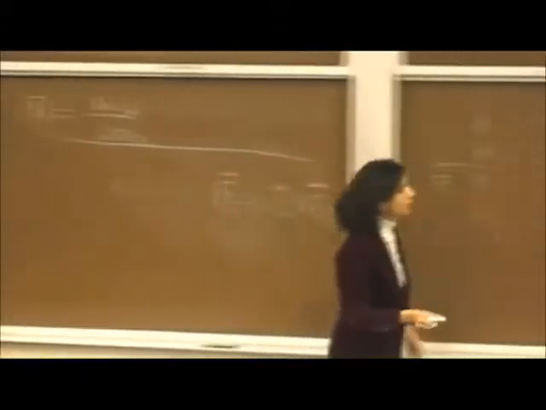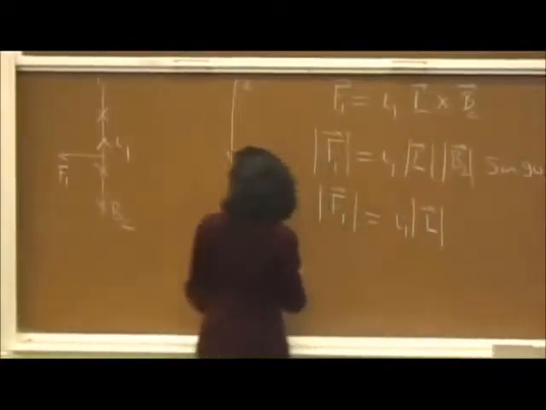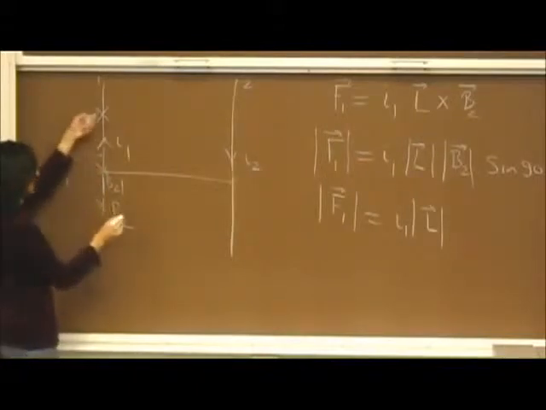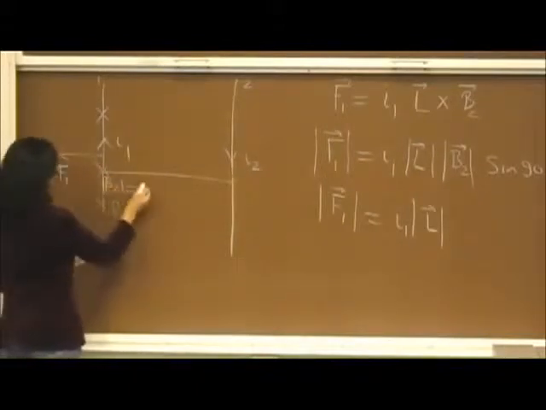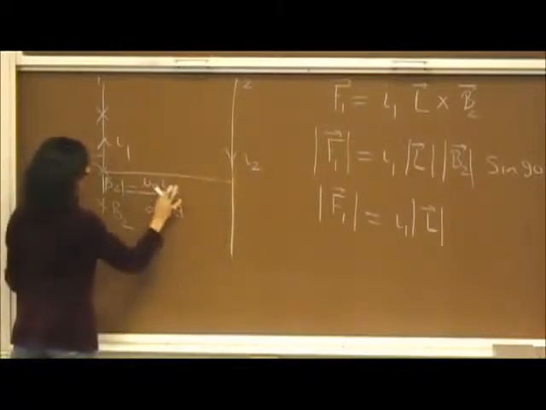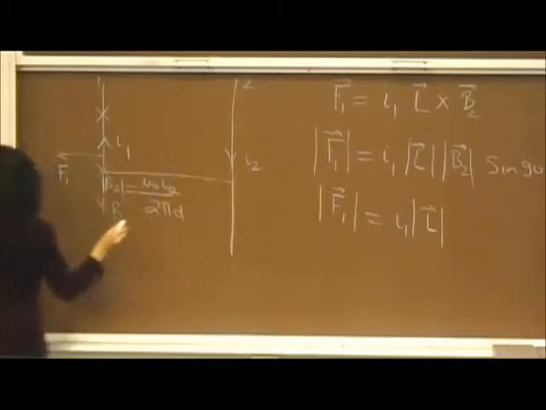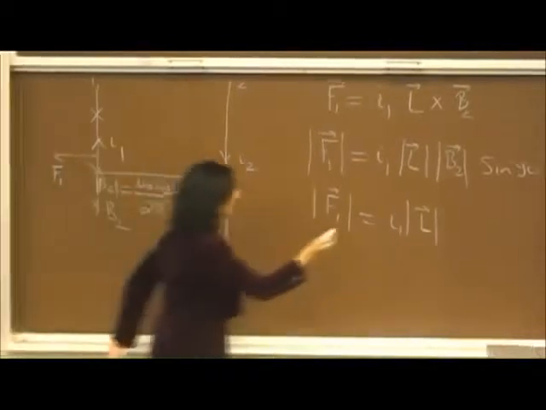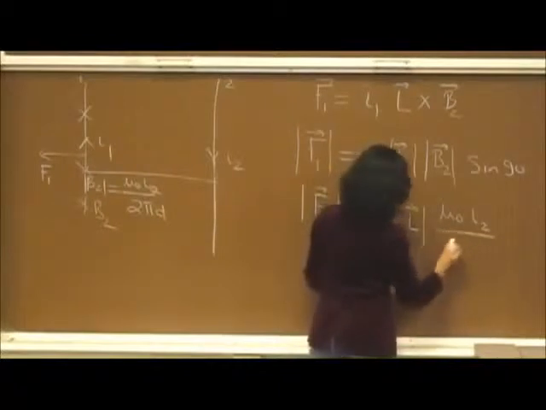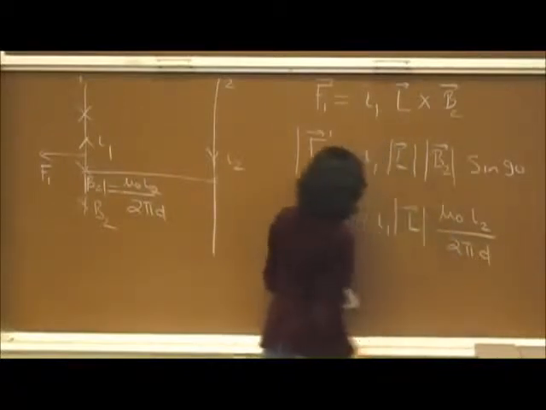So that means we know that B2, the magnetic field produced, these crosses here, has a magnitude which is mu 0 I2 divided by 2 pi d. And so B2 is mu 0 I2 divided by 2 pi d.